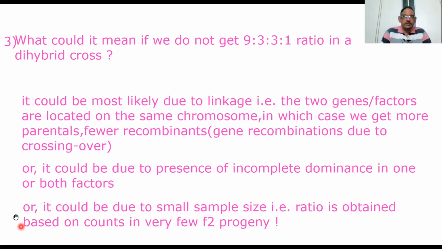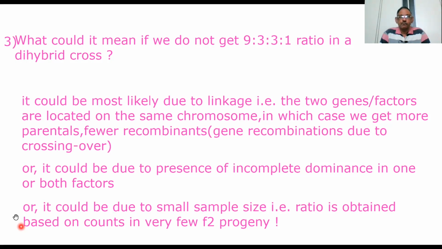So sample size is one important consideration in obtaining a Mendelian dihybrid ratio. It's not possible to get the 9:3:3:1 ratio if the ratio is tested in a very small sample. You could get any other ratio, not just 9:3:3:1. That is a possibility. So these are the possibilities.